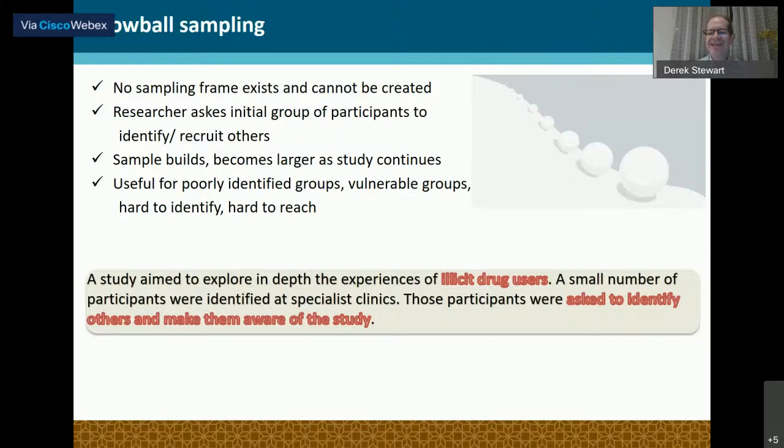So we can't find easily a big list of these people. But if some of them are coming to specialist clinics and presenting, they might be able to help us recruit some other people, make them aware of the study, then they could be invited, consented. It would still be very ethical, but they've helped us identify other people. So the actual sampling is very different in qualitative research.